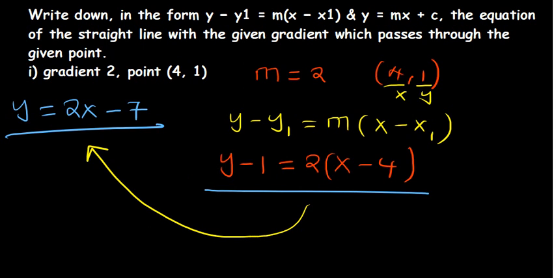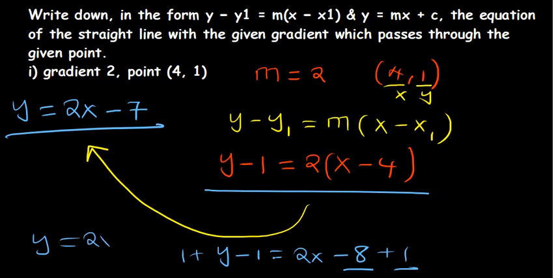So if y minus 1 is equal to 2x minus 8, this negative 1, we add the positive 1 both sides. So therefore y becomes 2x, negative 8 plus 1 becomes negative 7, which is equal to the other one.